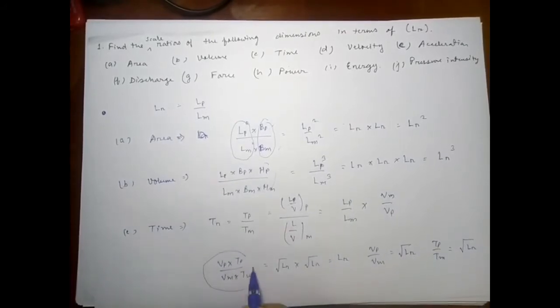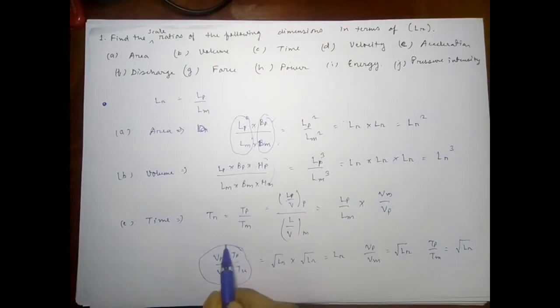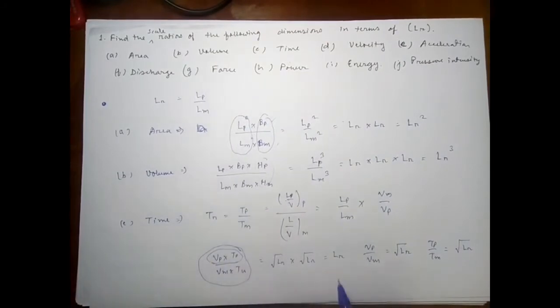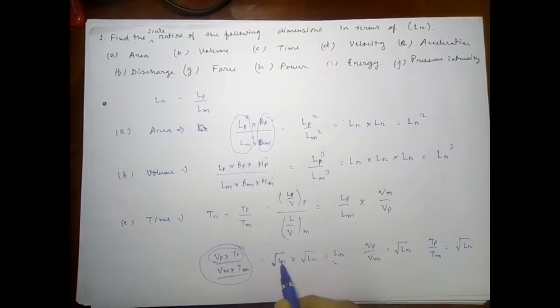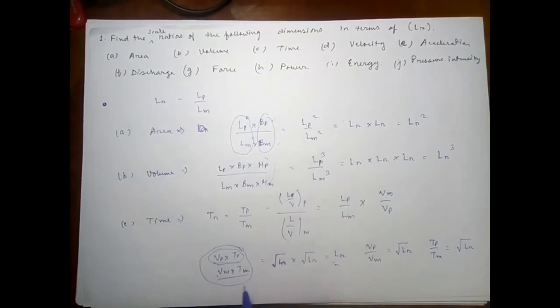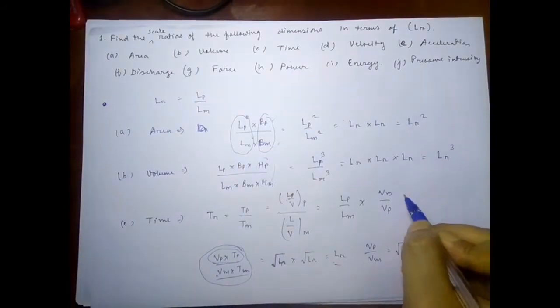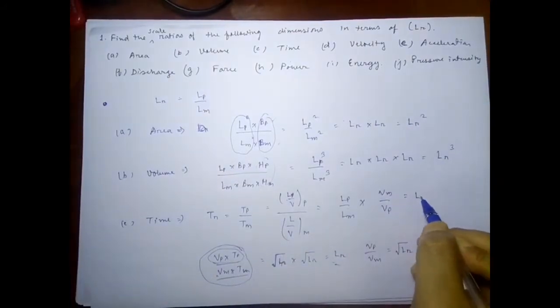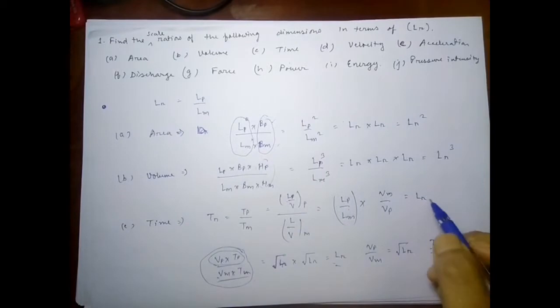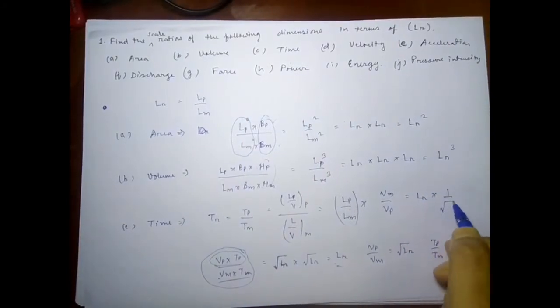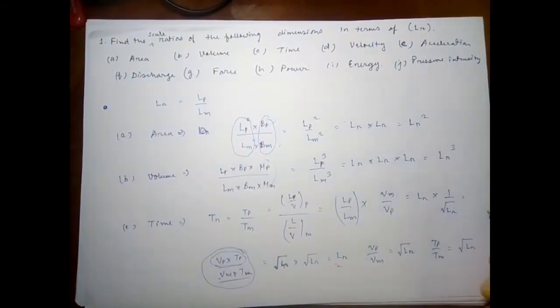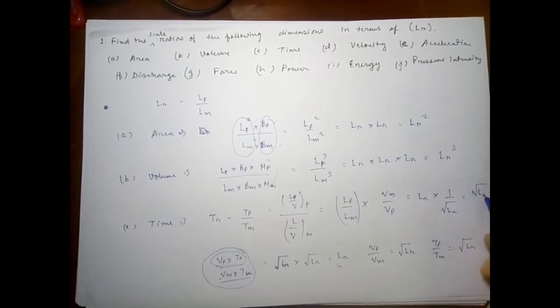Because velocity multiplied by the time will give us the distance, that is length LR, and it is true for both model and prototype. Therefore the scale ratio for both velocity and time is square root of LR. So I can write this as LR, and VM upon VP can be written as square root of LR.